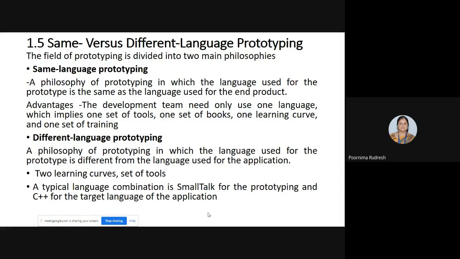Then, if it is a different language prototyping, then what happens? We need to use a different set of tools, a different set of books, different learning curves, as well as different sets of training.